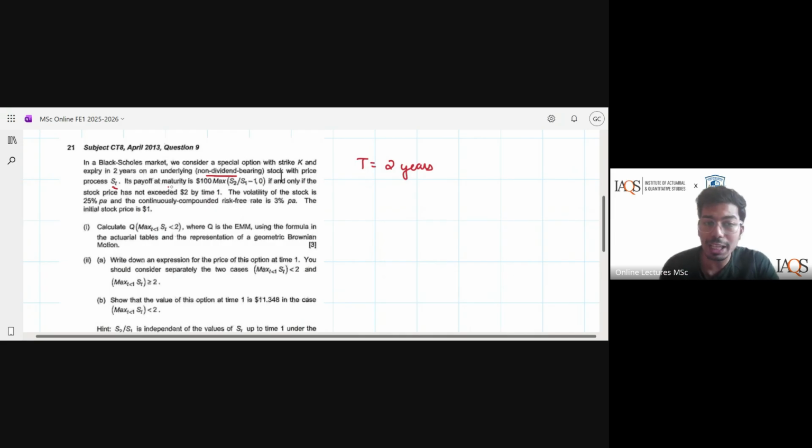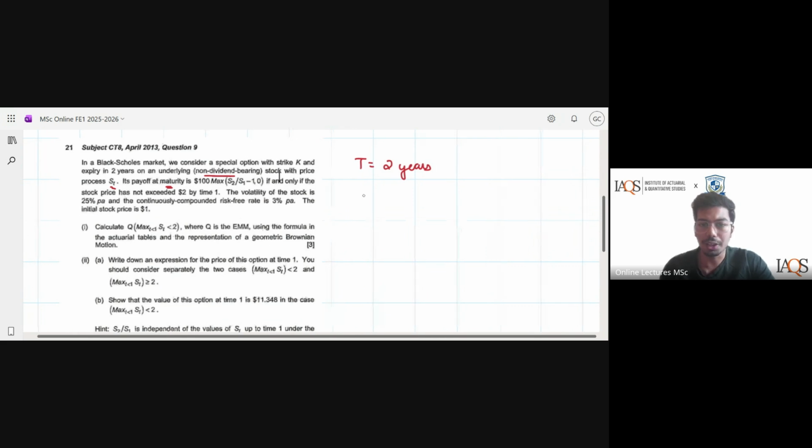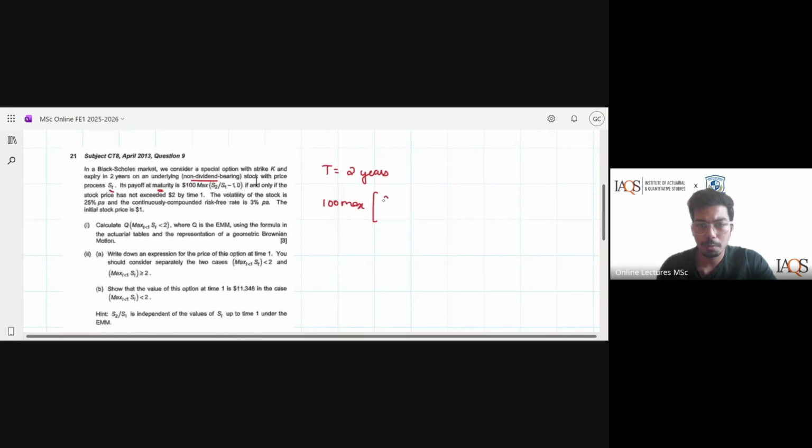Its payoff at maturity is 100 into max of S2 by S1 minus 1 comma 0. So what they are saying is at time 2, at maturity, the holder of the option will receive 100 into maximum of S2 by S1 minus 1 comma 0.